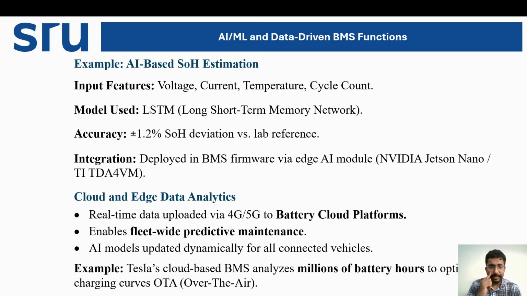Then AI-based updated dynamics can also be added for connected vehicles, so interconnected vehicles can have this updated information also. Tesla's cloud-based BMS analyzes millions of battery hours to optimize the charging curves over the air. A lot of toolboxes or analytical methods are used for cloud and edge data analytics.